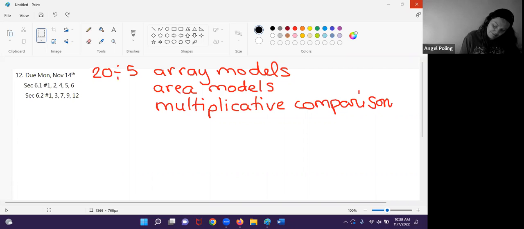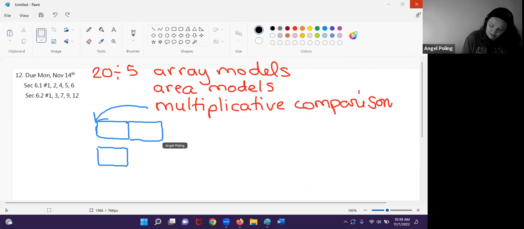Multiplicative comparison. Let's do that one first. That's the type of graph or drawing that looks like a strip diagram. So we'll have 5 times as many somethings.